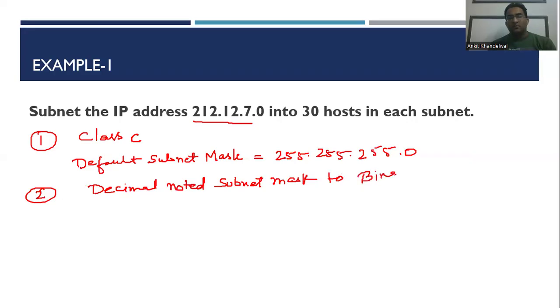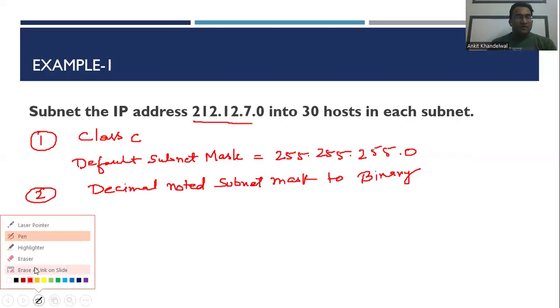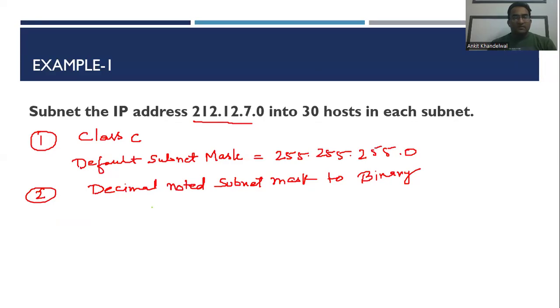Okay, so we are going to convert it into binary. So what will be the binary of this decimal notation? This is 1 1 1, 8 times 1: 1 2 3 4 5 6 7 and 8.